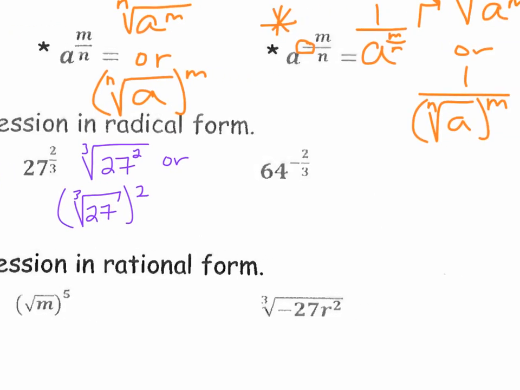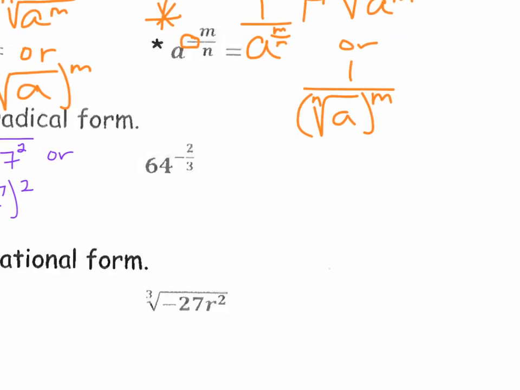We had to throw in at least one negative exponent. You know that's going to happen. 64 to the negative 2/3 power. So the first thing you want to do is evaluate that negative by taking the reciprocal of 64. All that does is make negative 2/3 become positive 2/3.